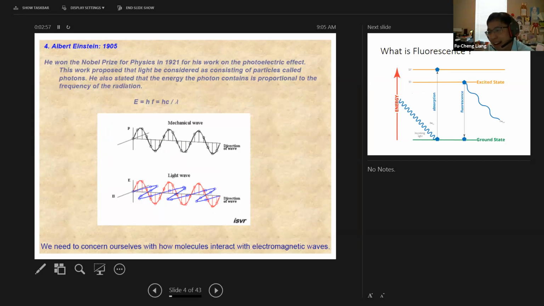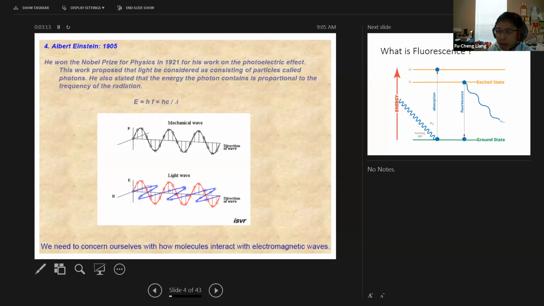So light is not just a particle or just a wave, it's a combination of both. That's why you can see a mechanical wave for this light, and also a light wave at the bottom, a combination of particle property and wave property.